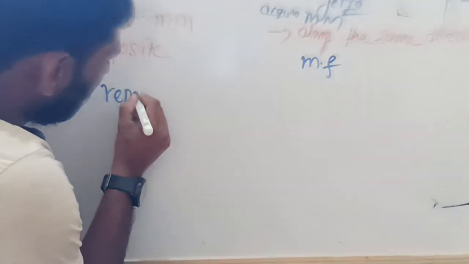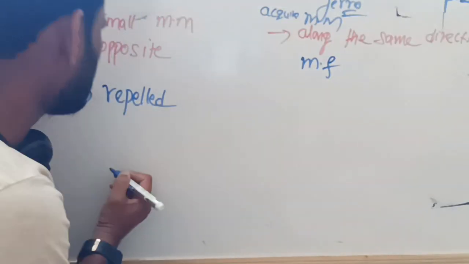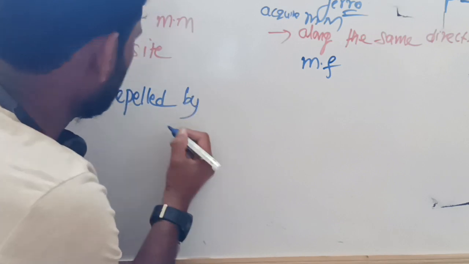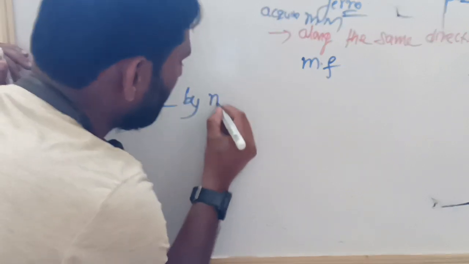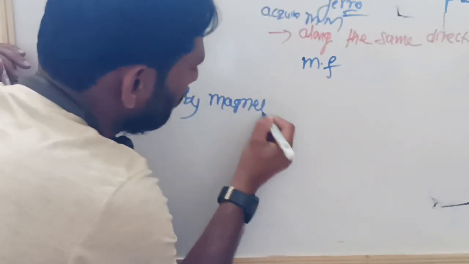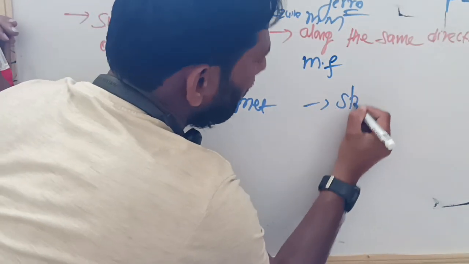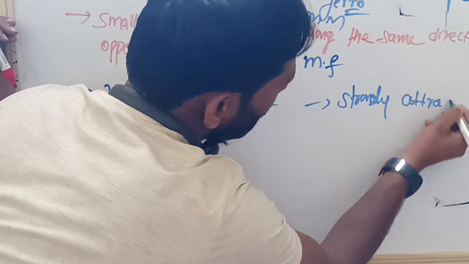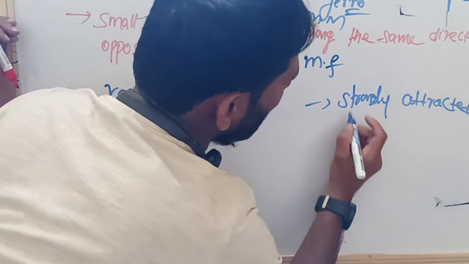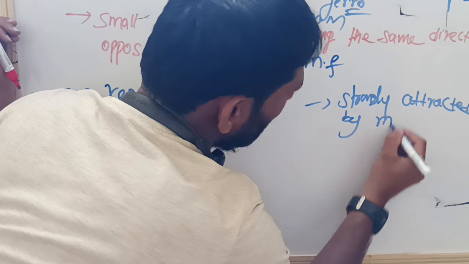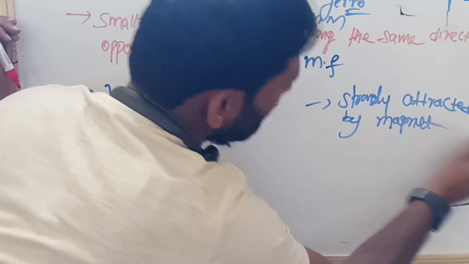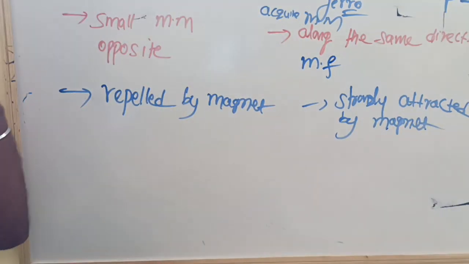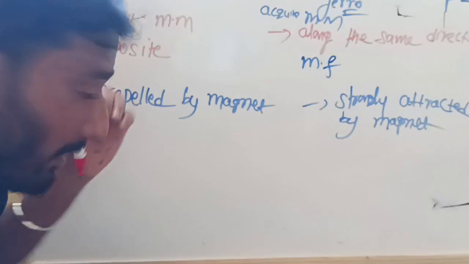Next, diamagnetic materials are weakly repelled by a magnet. Whenever they are placed near a magnet, they will be weakly repelled. But ferromagnetic materials are strongly attracted by a magnet, not repelled.